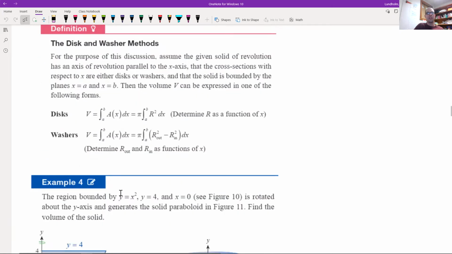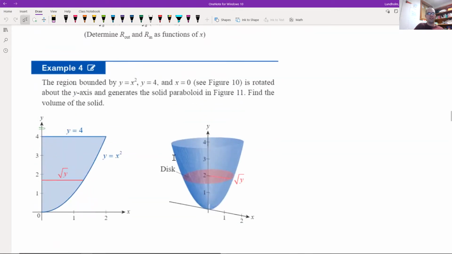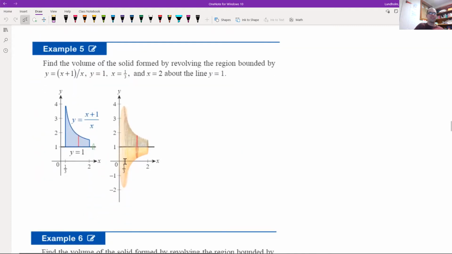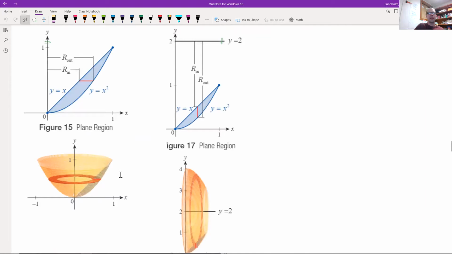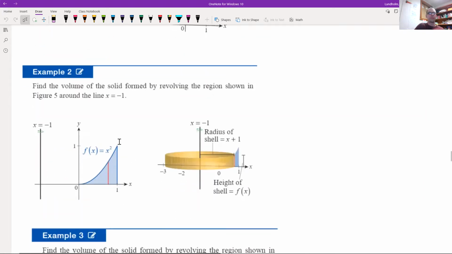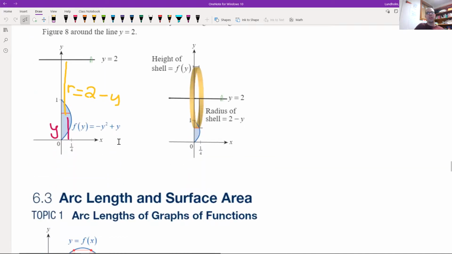And definitely we're going to do more examples of this. We've got that paraboloid, and we've got that kind of cool coney shape. We've got another thing that looks pretty similar to what we did before. So there are a lot of examples that we could do.